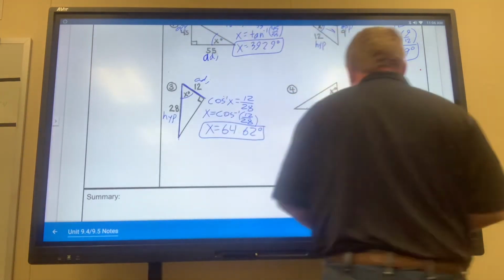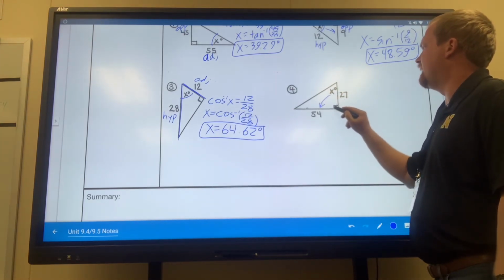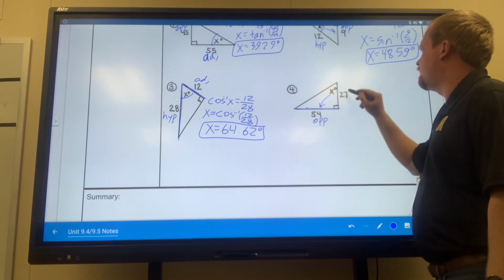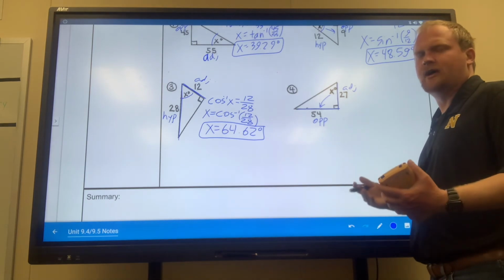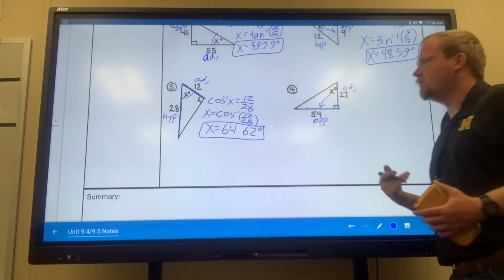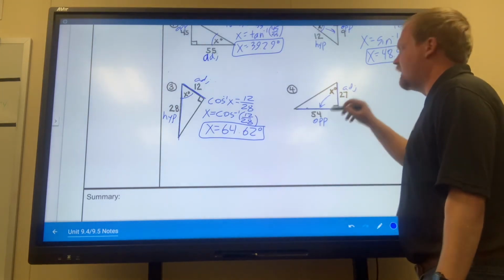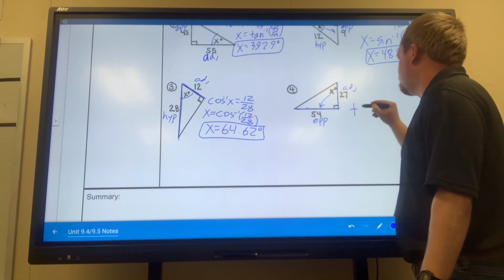So last one. Right here I have my opposite and I have my adjacent. How do I go about solving this? Well, I gotta know which trig to use. Opposite over adjacent gives me tangent.